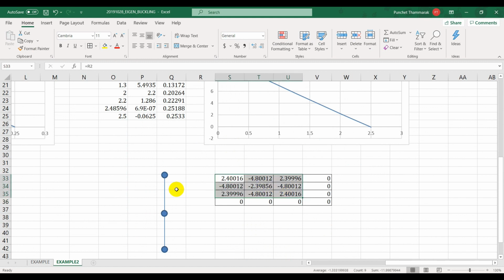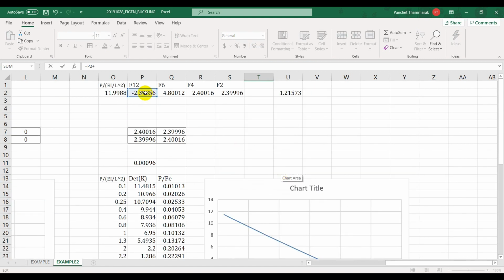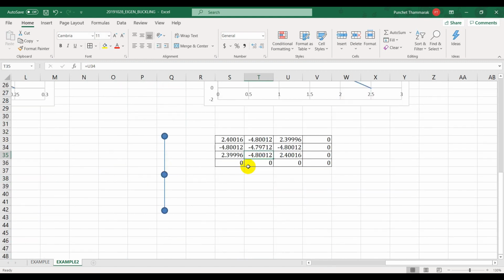So this part accounts for rotation here, displacement here, and rotation here. The next part, you have the displacement here, which is the contribution from the member at the bottom. So this one you add up with the 12 EI of the second element.